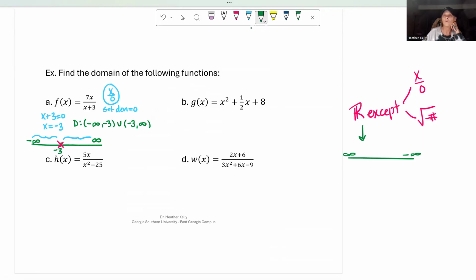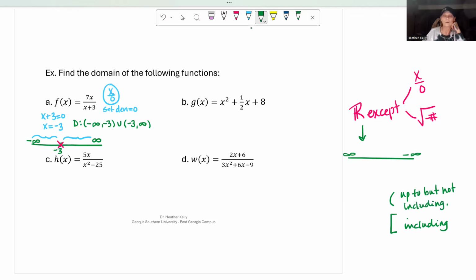Now, I know we've talked about the open parenthesis versus the bracket. And remember, the bracket is including, and the parenthesis is up to, but not including.